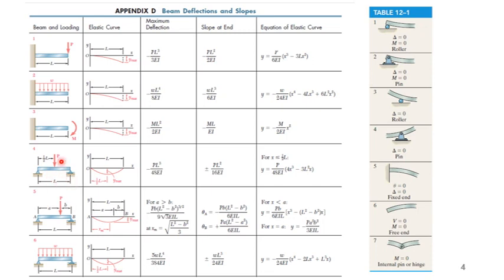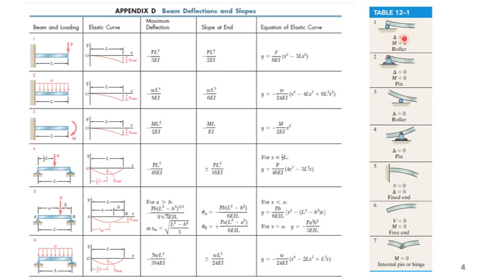Simply supported beam with a load at the center, and this is again a simply supported beam, but a is greater than b, right? So this equation, and a simply supported beam with a distributed load. These are from your reference book, Mechanics of Materials by R.C. Hibbeler.